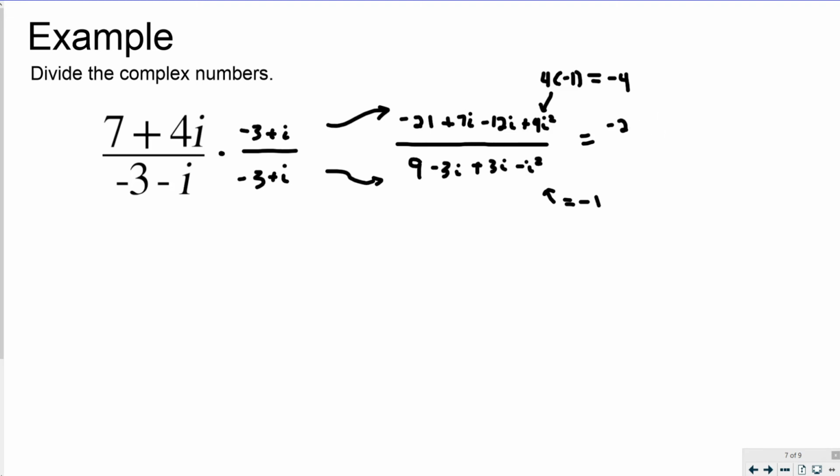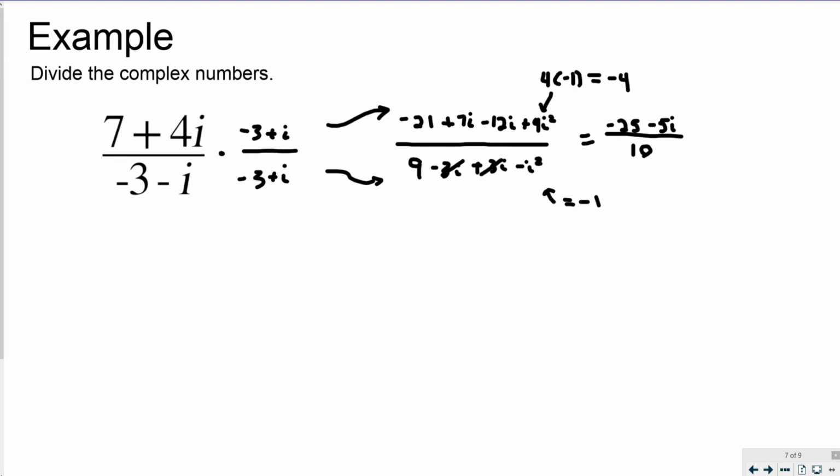So that's negative 25. And then 7i, take away 12i, is negative 5i. Over the 3i's here, they cancel each other out. 9, take away i squared. Well, take away i squared is negative 1. So 9 take away negative 1 is 10.